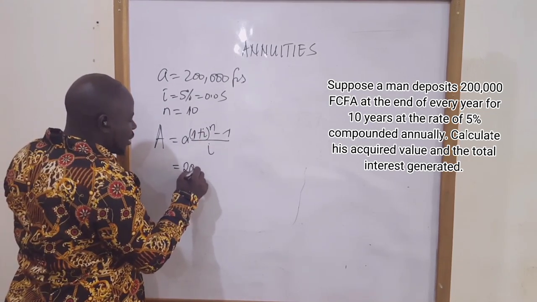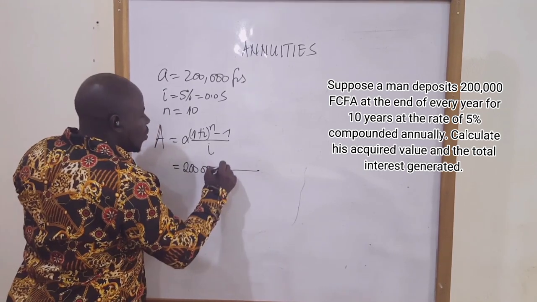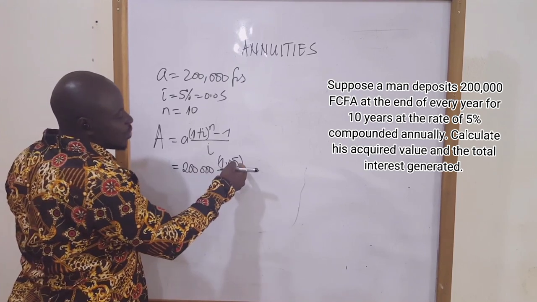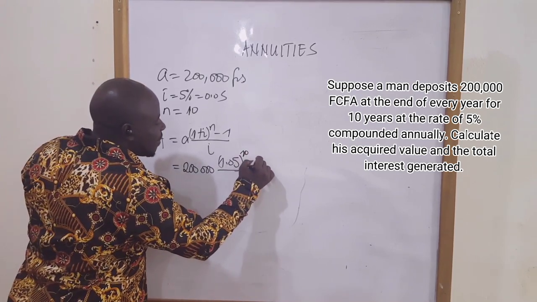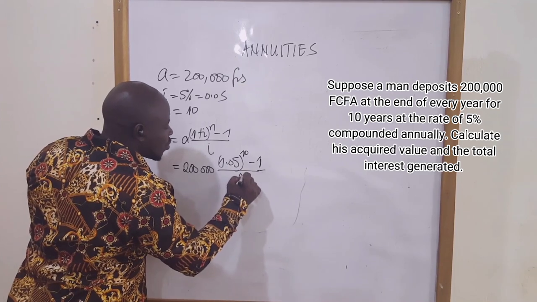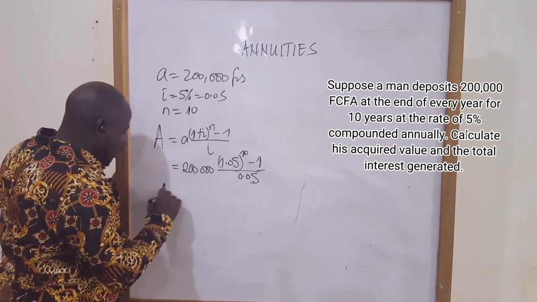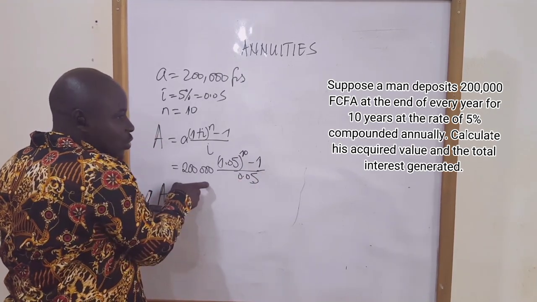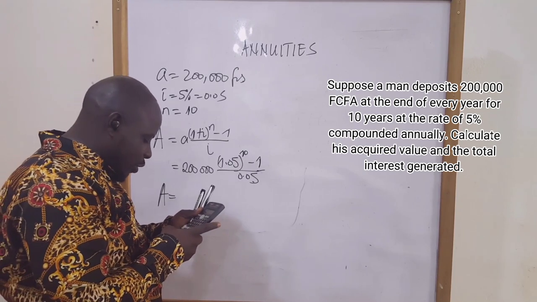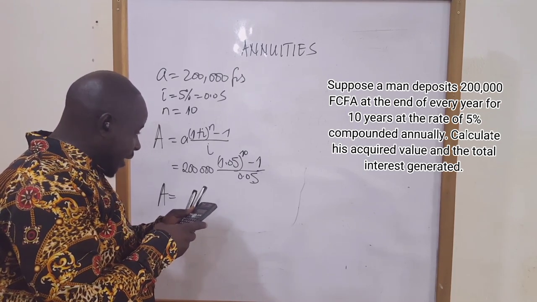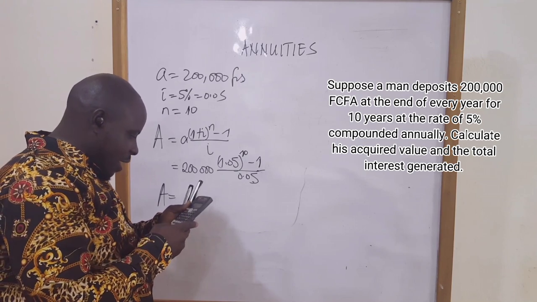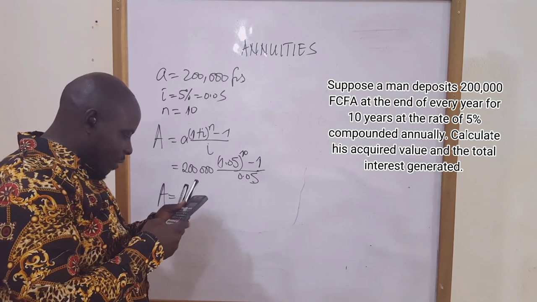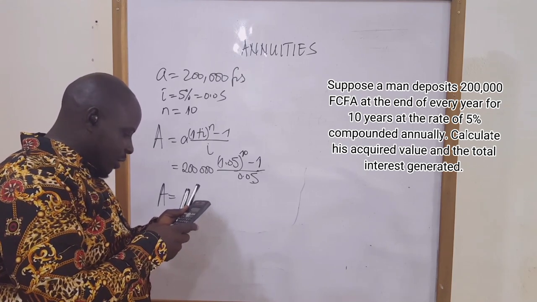So we are going to have 200,000, 1.05, 1 plus 0.05 is 1.05, now raised to the power 10 minus 1, divided by 0.05. So what is going to be the acquired value here? I'll start by punching this, then I multiply by 200,000. So I'm going to have 1.05 raised to the power 10, equals, minus 1, equals, divided by 0.05, equals, then I multiply now by 200,000 francs.